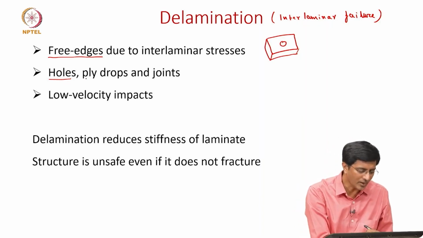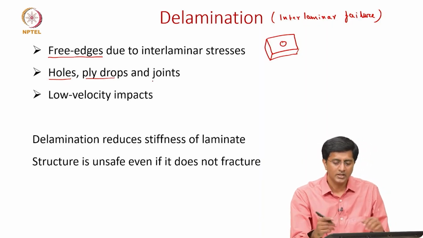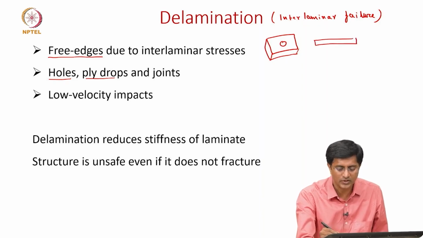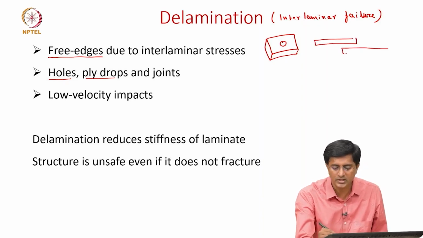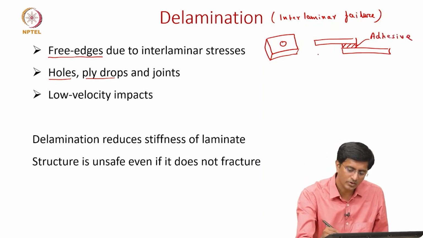It can also happen at ply drops and joints. Let's say, how do we join two composite structures? Let's say this is one structure and the other structure is here. We join them using a material called adhesive. So what we are showing here is a composite adhesive joint.